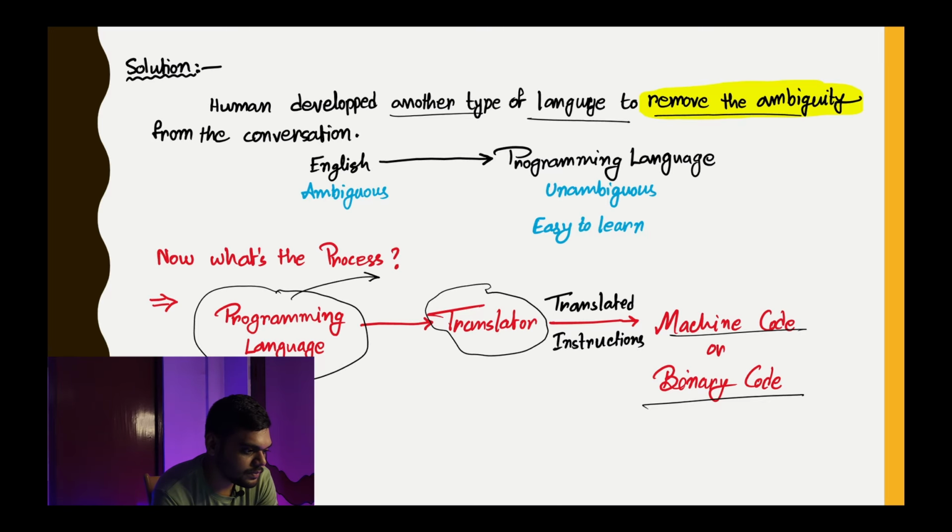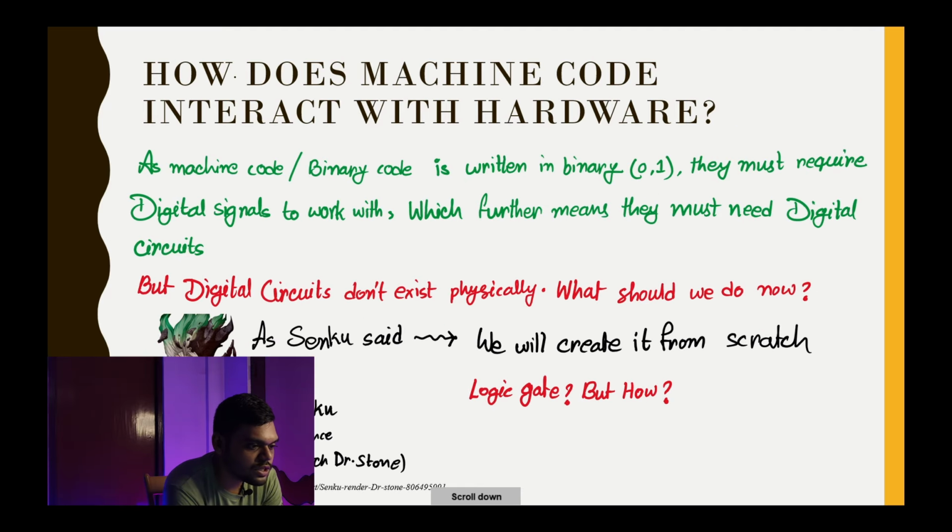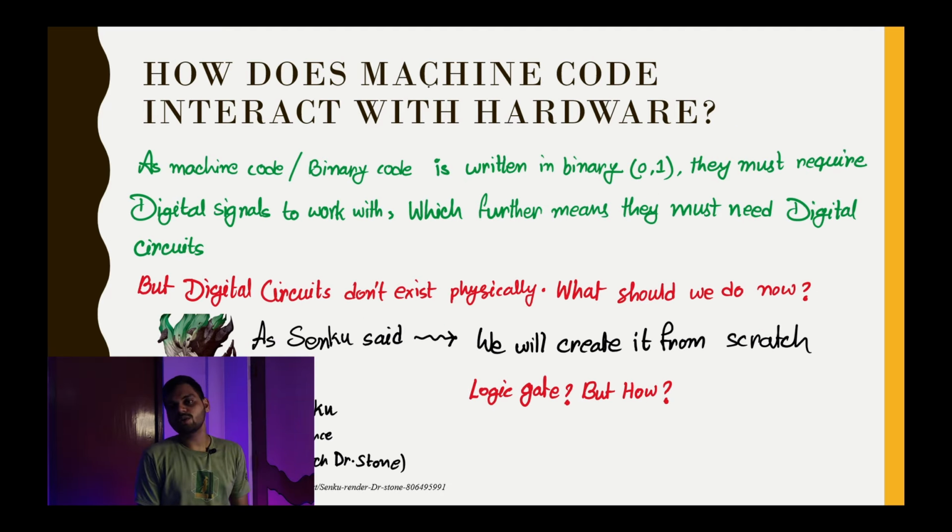Okay, so moving forward, how does machine code interact with hardware? Now the question is how the machine code interacts with hardware. As machine code or binary code is written in 0 and 1, there must be digital circuits in it. Obviously there must be digital circuits in it. Like in digital circuits, if you remember, we have talked about zeros and ones.